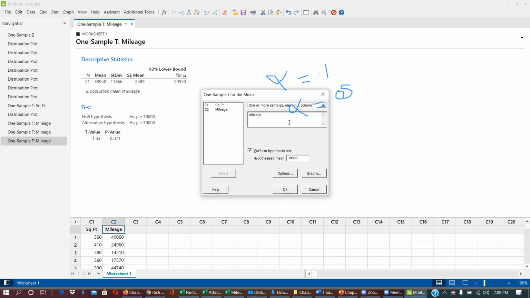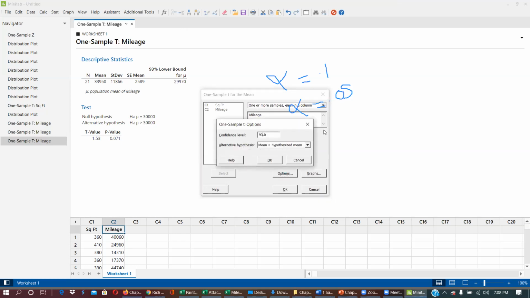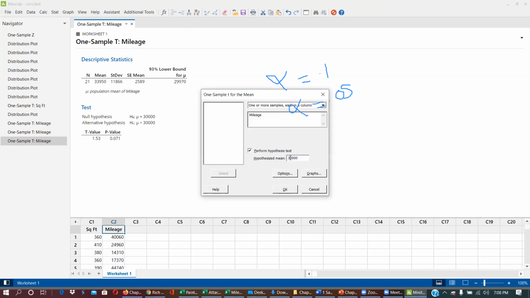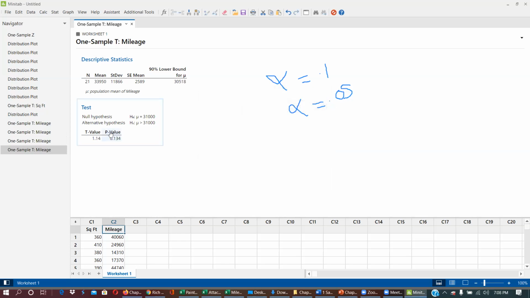This is the number one case. Number two case, let me do the same option. Here I just choose 90% as per our case. Now here, instead of this, I put 31,000.